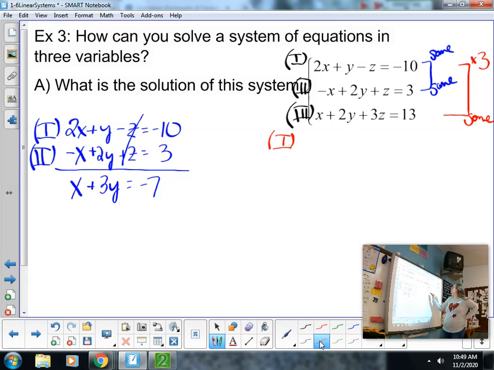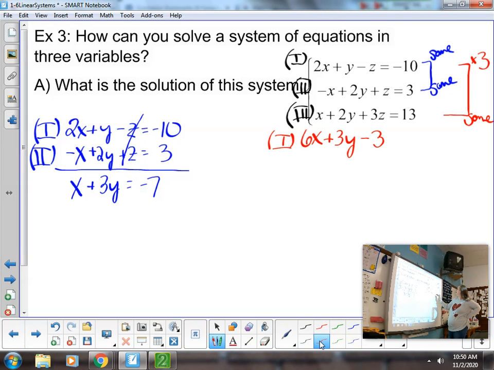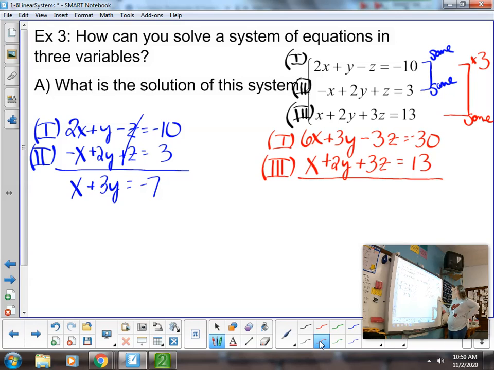So my new top equation is going to become 6x plus 3y minus 3z is equal to negative 30. And my equation number 3 is not going to become anything, it's going to stay the same: x plus 2y plus 3z is equal to 13.